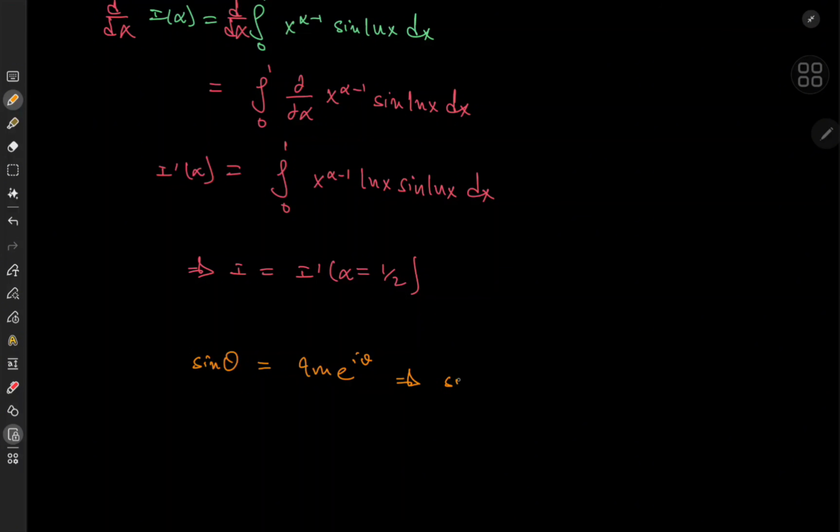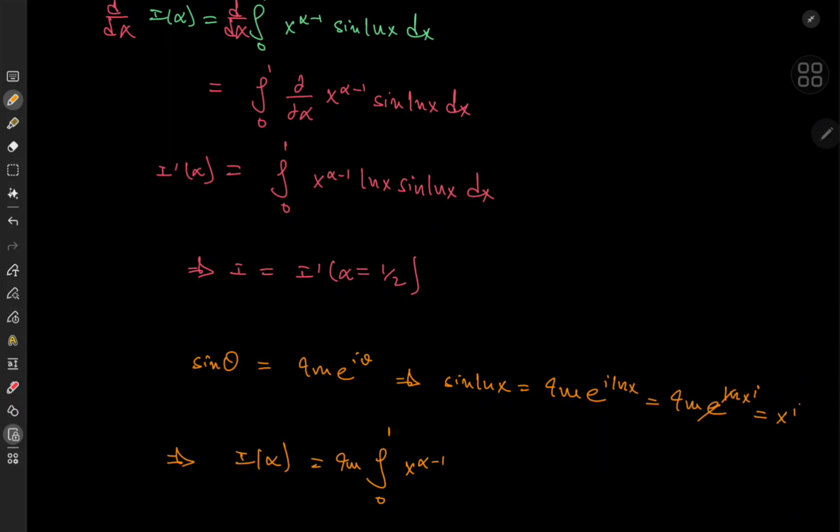So this implies that the sine of log x is going to be the imaginary part of e to the I times log x, which is just the imaginary part of e to the log x to the I. There's some lovely cancellation taking place, and we have x to the I. So this implies that I of alpha is equal to the imaginary part, terribly sorry about that, of the integral from 0 to 1 of what exactly? Oh yeah, x to the alpha minus 1 is still there, and I have x to the I dx.